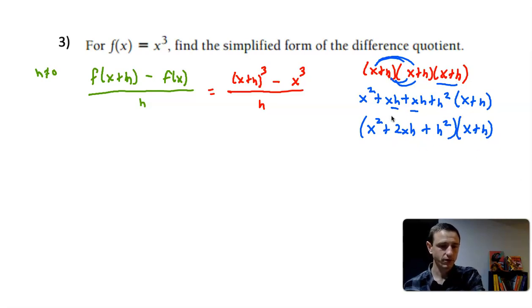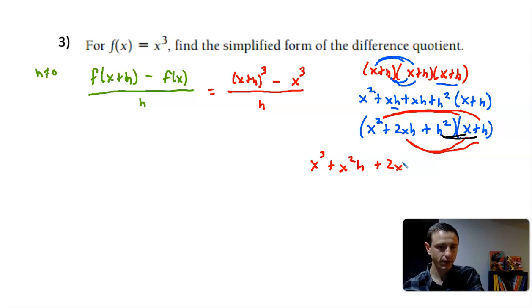So let's go ahead and do the last set here. I have to multiply x squared times x, x squared times h, 2xh times x, 2xh times h, and then h squared times x, h squared times h. So we have to do all of those terms. First one, x squared times x is x to the third. x squared times h is x squared h. 2xh times x is 2x squared h. 2xh times h is 2xh squared.